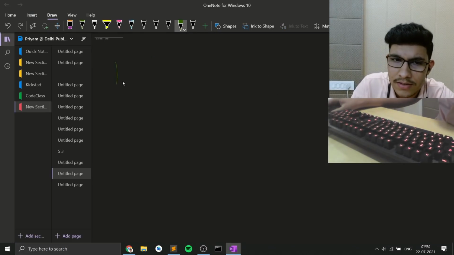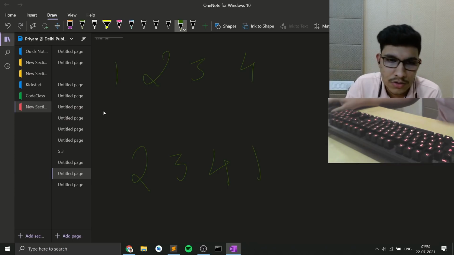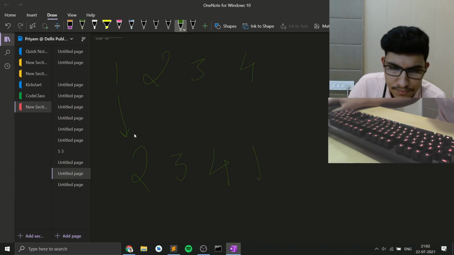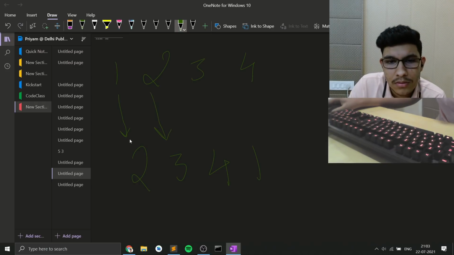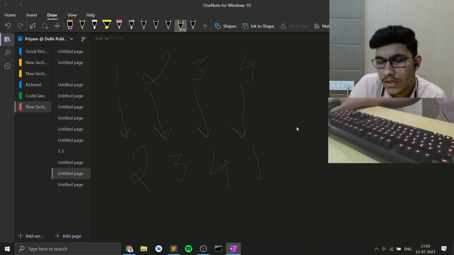So I start with this 1, 2, 3, 4. And I have 2, 3, 4, 1. So basically 1 needs to go to 2. And if I talk about 2, 2 needs to go to 3. Then 3 needs to go to 4 and 4 needs to go to 1. So this would require 3 steps.